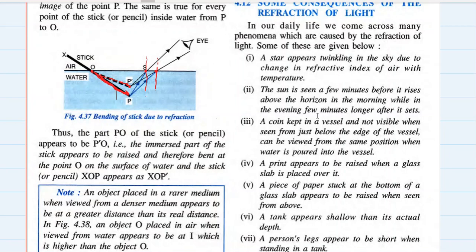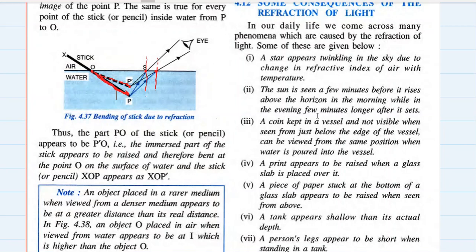And this ray of light, when it enters our atmosphere, undergoes multiple refractions due to change in the refractive index of air with temperature. You know, there are different layers of air or atmosphere, and all these layers, different thicknesses or different altitudes of atmosphere, have different temperatures.